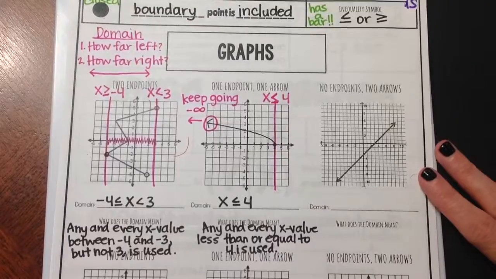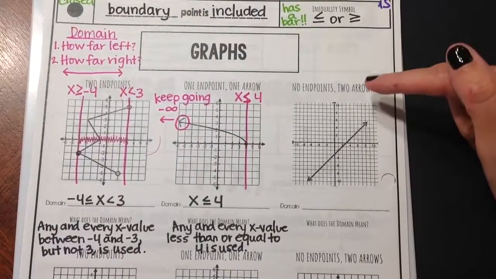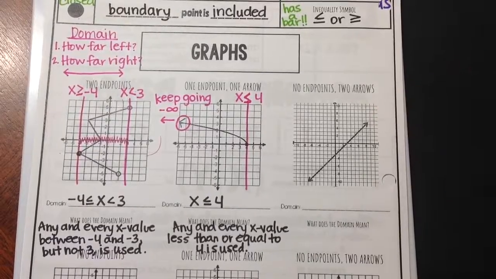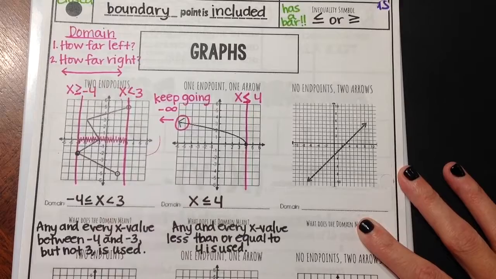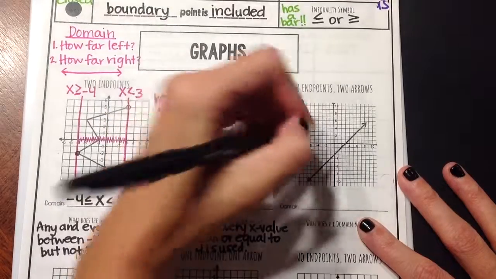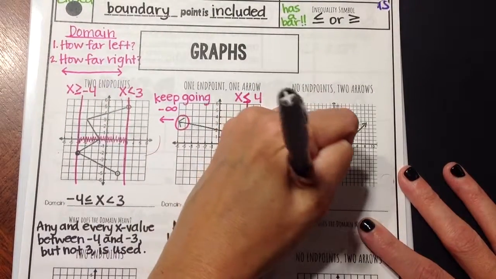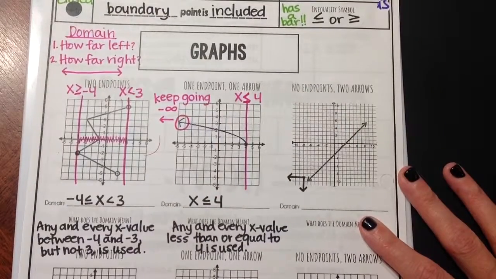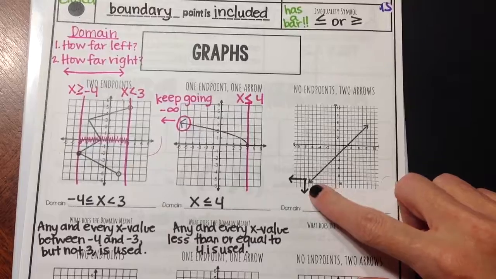All right, next, we're going to look at what happens when you have a graph with no endpoints and you have 2 arrows. So if you notice, your graph picture is drawn on kind of a slant. So when I go down to create this down slant, I'm really traveling in 2 directions. I'm traveling to the left, while at the same time I'm traveling down. That's what's causing the angle of this line on this end over here.